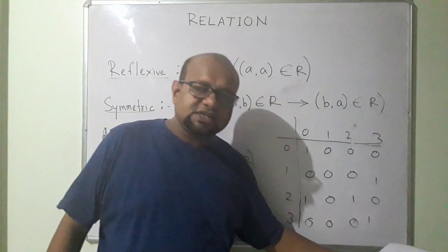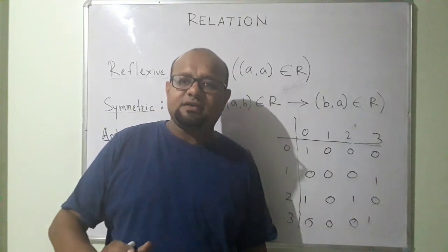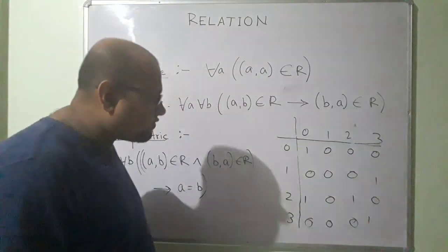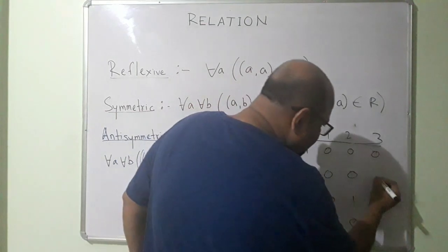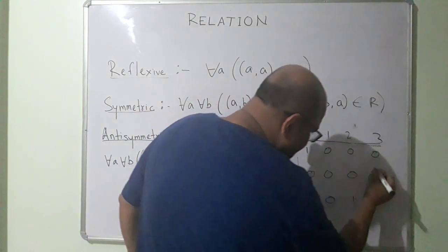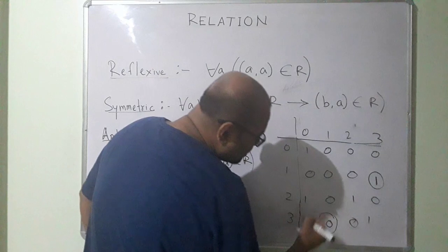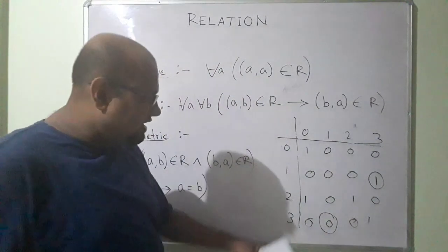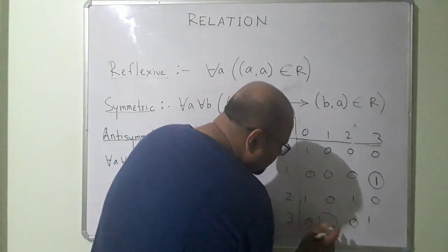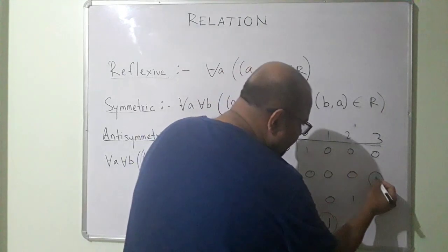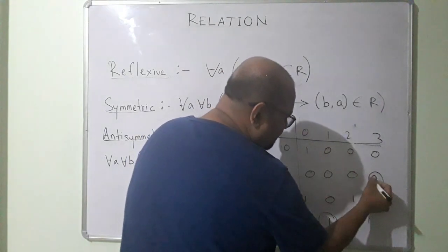Along the diagonal I may have 1, and apart from the diagonal, if I have some 1 in some other place, in its mirror location I cannot have a 1. If I have a 1 over here, then in antisymmetric I cannot have a 1 over here, I will have to have a 0.